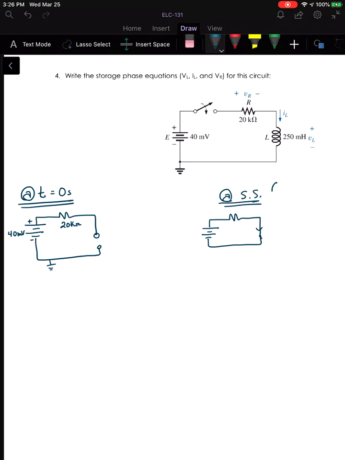So it looks like a short circuit. So at steady state, your inductor equals a short circuit. Remember, that was the opposite of our capacitor. And you'll find that many things about the inductor are really the complement of what you learned about the capacitor.